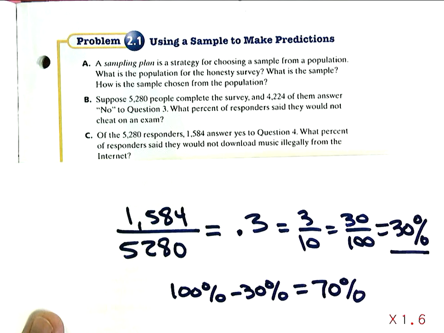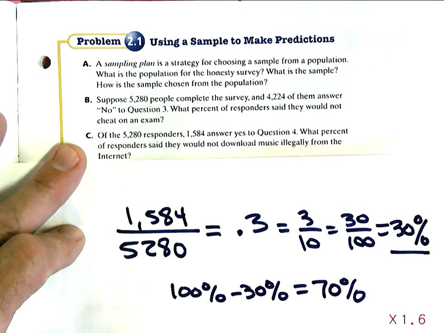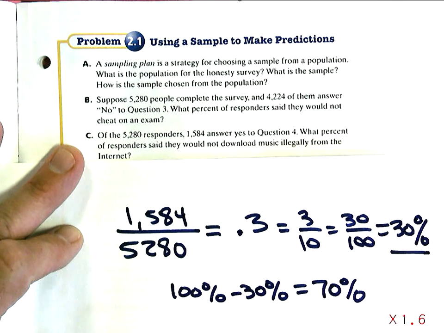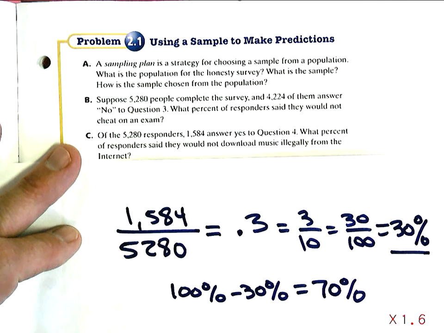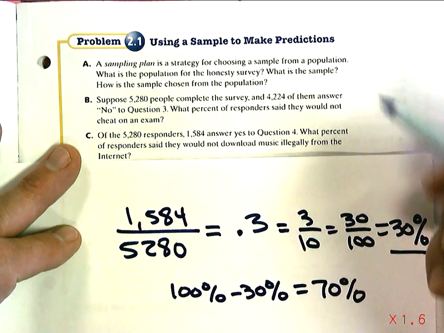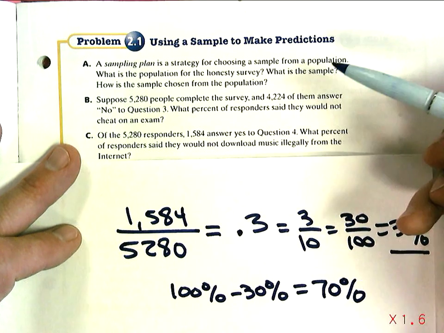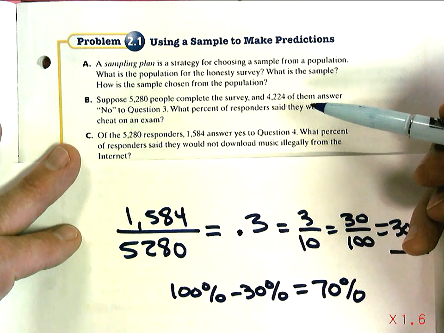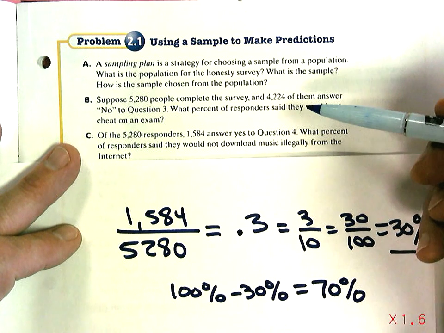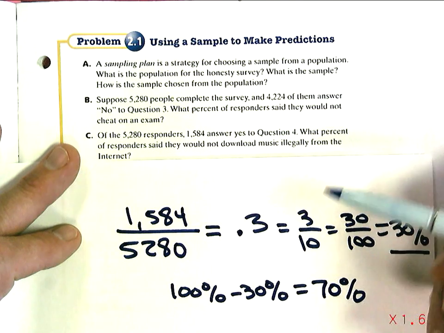So that's how I would answer part C of problem 2.1. So right now, all we're doing is we've got a sampling plan and a method and a survey, and what we're doing is learning how we would interpret the data if we had responses. So that's what we're doing.